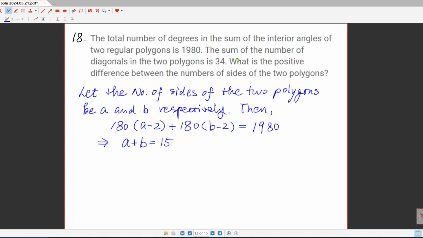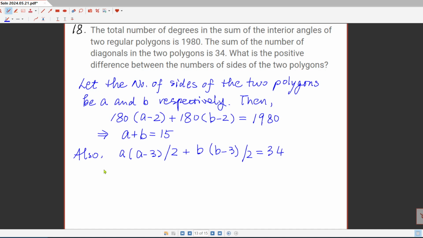Okay, what else we haven't used yet? We haven't used the second information here. We are also given a times a minus 3 over 2 plus b times b minus 3 over 2 equals 34, right?